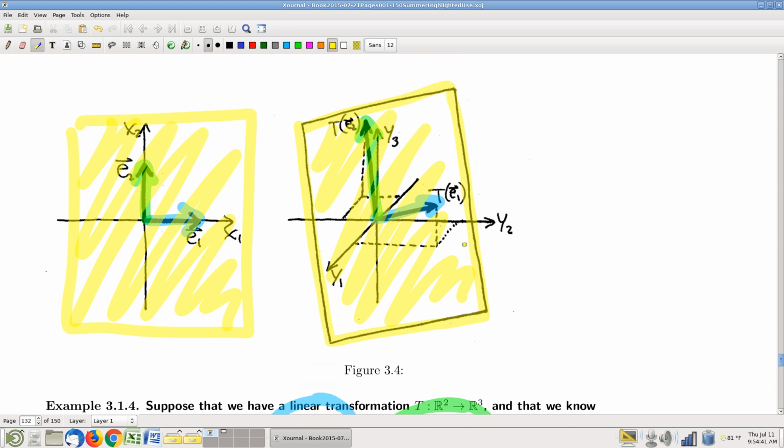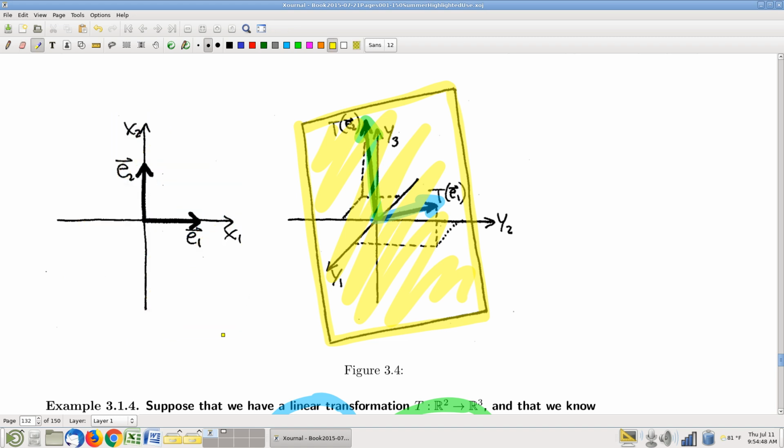So the image of the entire linear transformation is that plane defined by those two given image vectors. Everybody on board? Just one sort of geometric example.